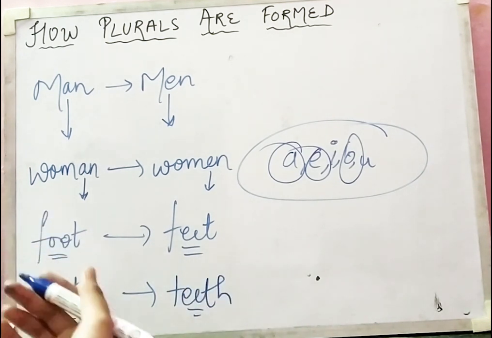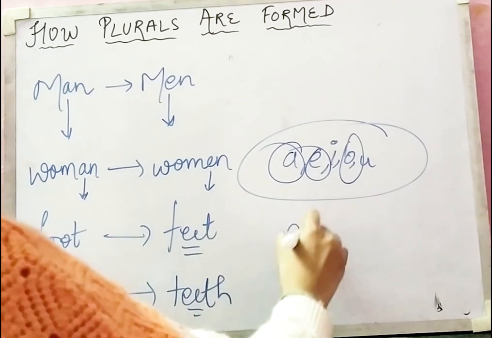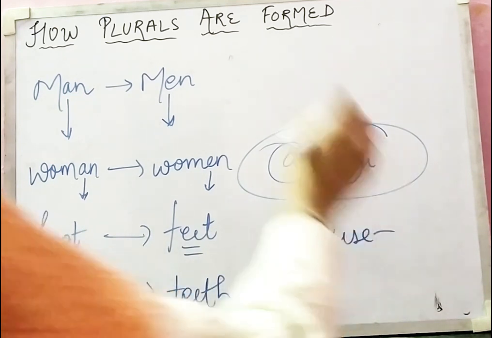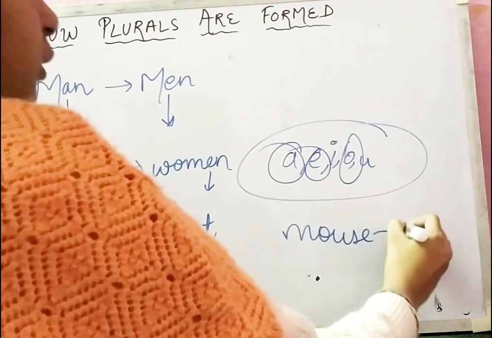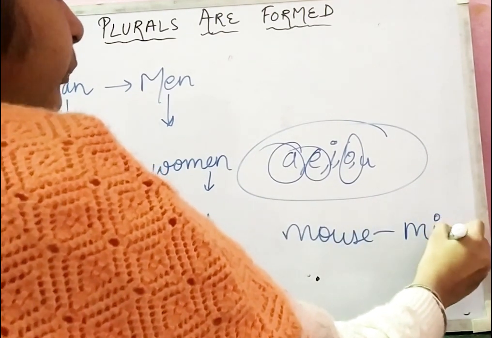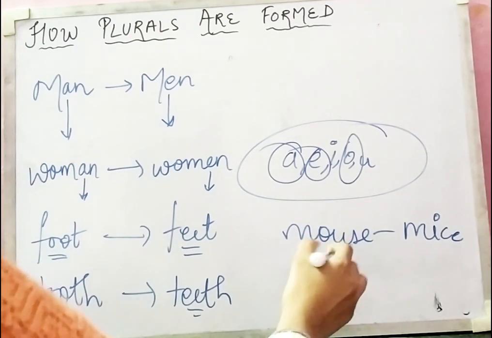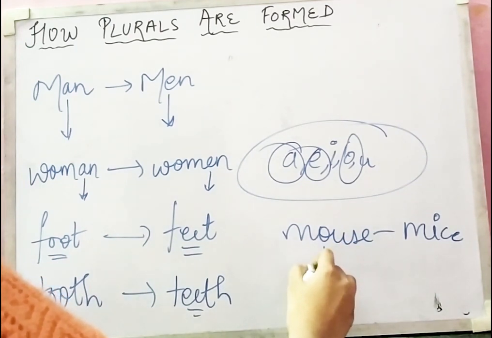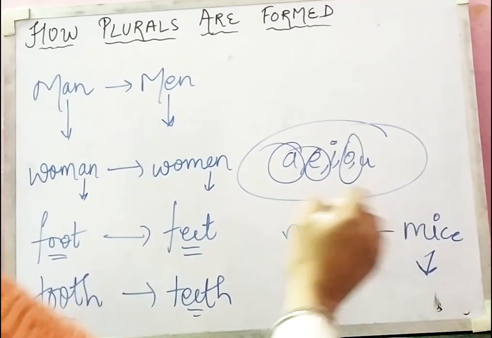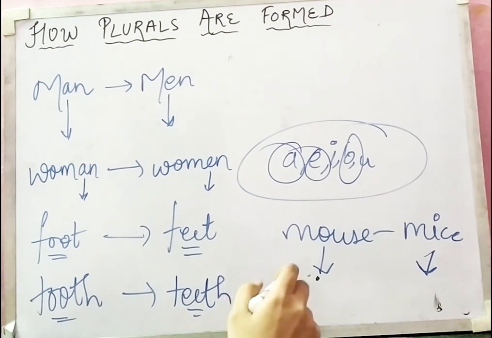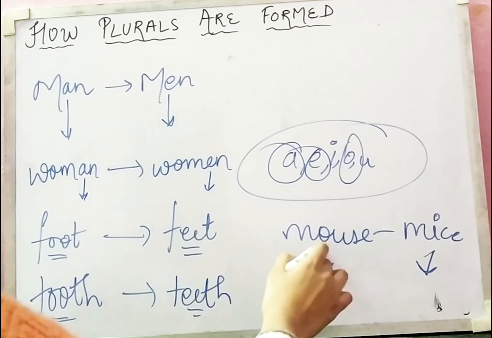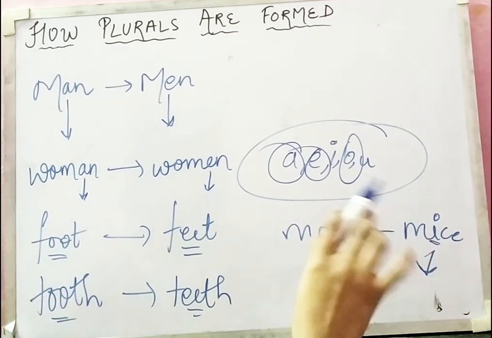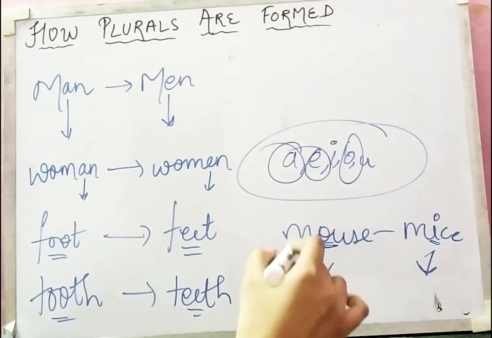Similarly, you can take one more example like mouse. This will be replaced by mice, M-I-C-E. So here O is changed into I. OU is changed by I. You can say this, okay?